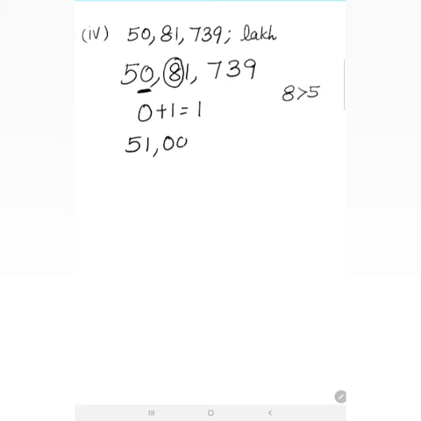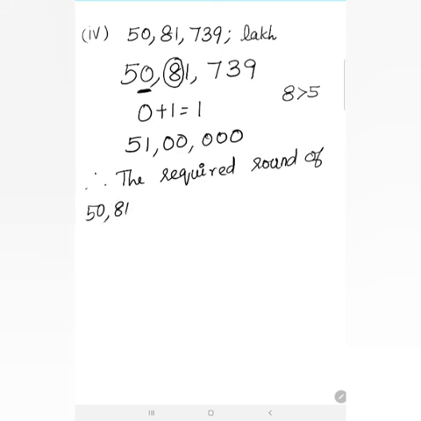Then the 8 becomes 0, 1 becomes 0, other things become 0. Therefore, the required round off of 50 lakhs 81,739 is 51 lakh. Okay.